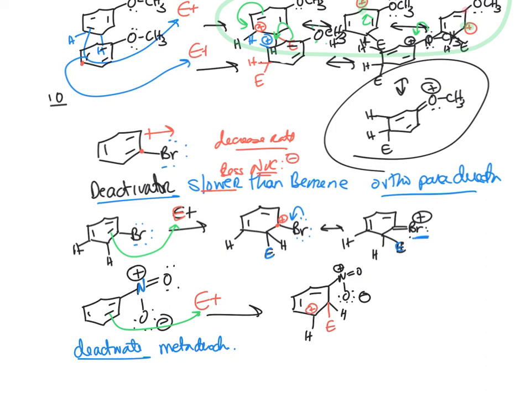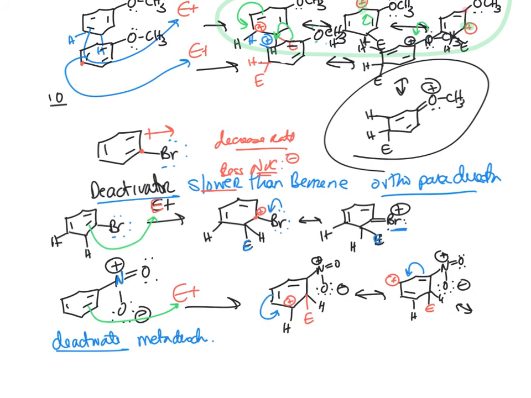Those electrons go here, so let's draw our resonance structures. We have our plus charge there for a sigma complex. Those electrons go here. This is going to be the important one to explain why.